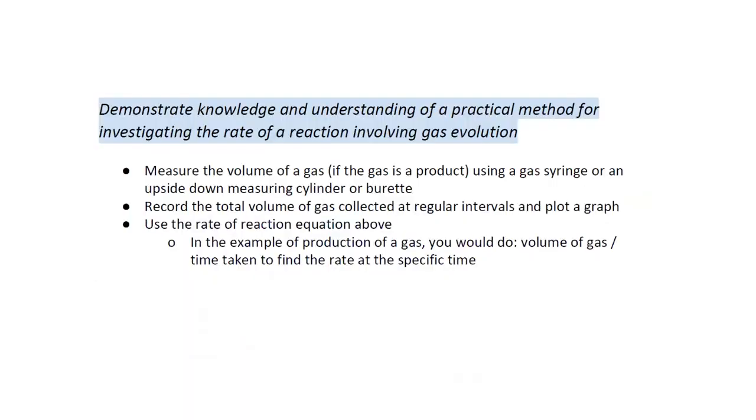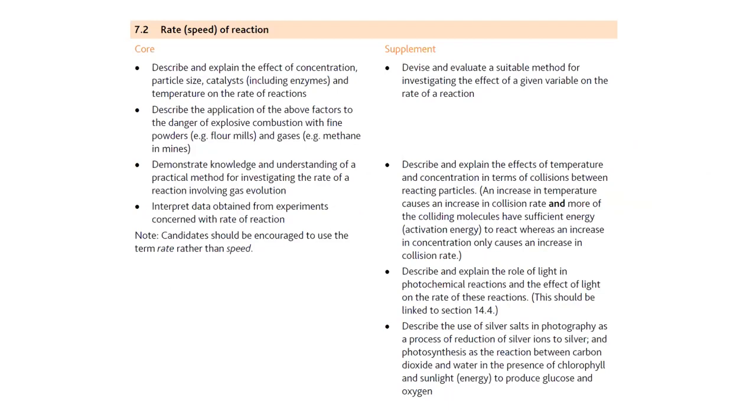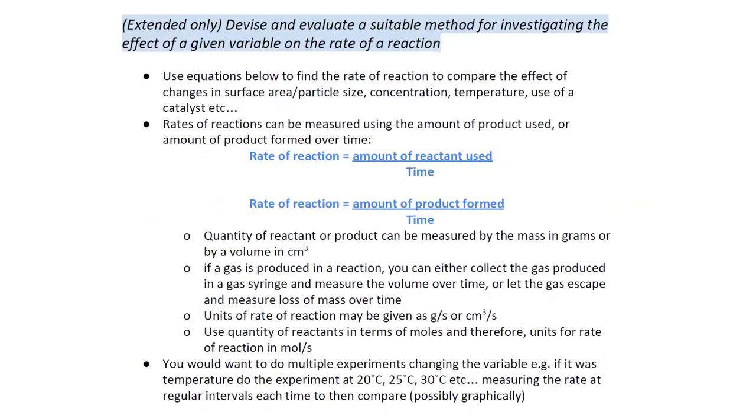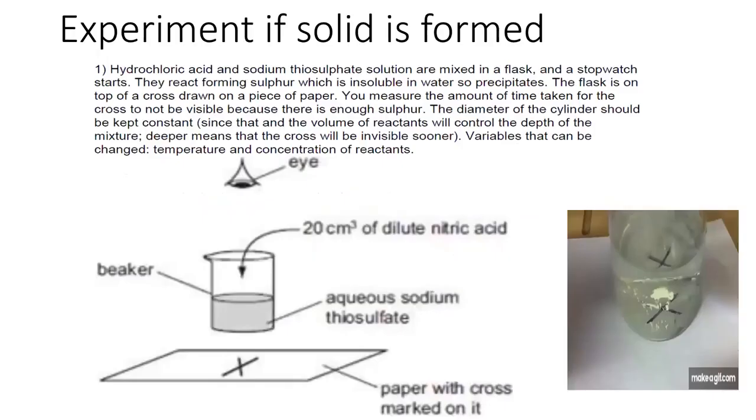A quick revision first and then we'll move on to questions. Topic 7.2 is about rate or speed of reaction, meaning how fast the reaction proceeds. We call that the rate. It can be measured by amount of reactant used divided by time, or amount of product formed divided by time. We can measure the rate by measuring the volume of a gas, or we can work out the time the cross will take to disappear.